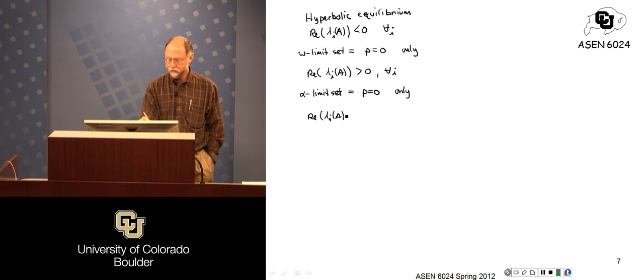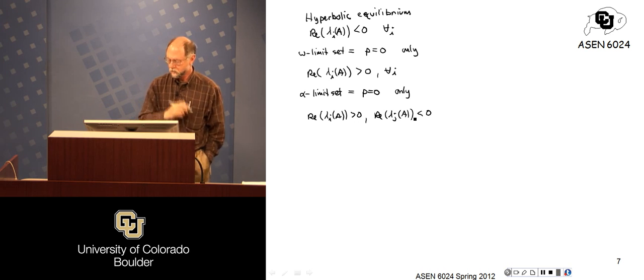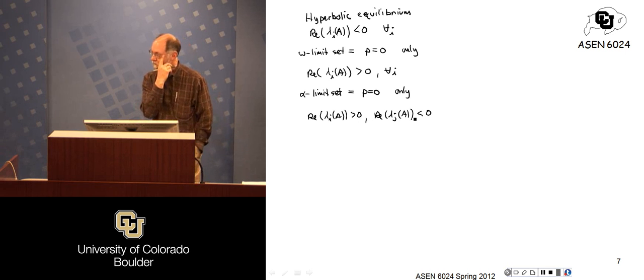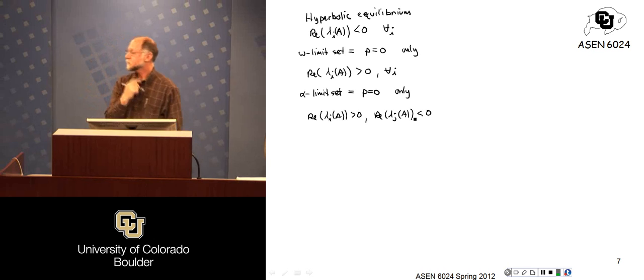Okay, what if some of the eigenvalues of A are positive, so the i's are positive and the j indexes here are negative real parts? What do the solutions do? Well, some will grow exponentially, but not all.